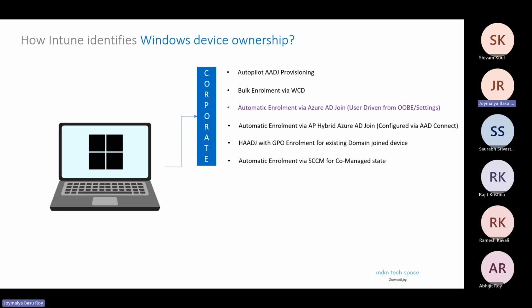So similarly, we also have personal. So what are the enrollment types that will go for this particular type? Company Portal website, Company Portal. Deep link, you said.